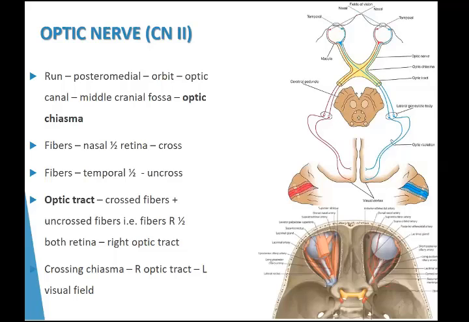So both the optic tracts, one on each side, they carry fibers, uncrossed भी हैं, crossed भी हैं. Uncrossed fibers from the same side, crossed fibers from the opposite side. और ये crossed fibers nasal half के होंगे, uncrossed fibers temporal half के होंगे.